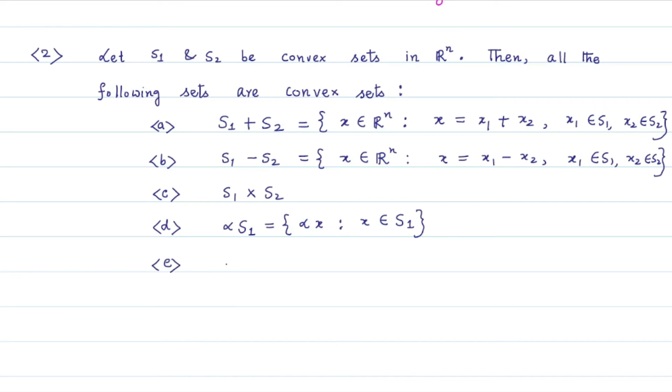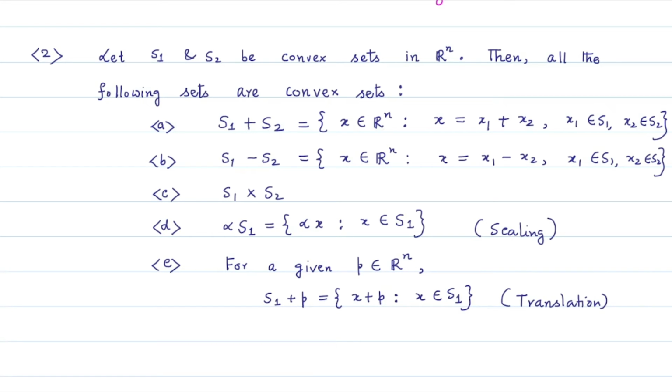A translation of a convex set is also a convex set. By translation of a set, we mean for a given vector, say p in the n-dimensional Euclidean space Rn, the p translation of the set S1 is defined by the collection of all points of the type x plus p where x is in the set capital S1. This translation of a convex set is also a convex set.